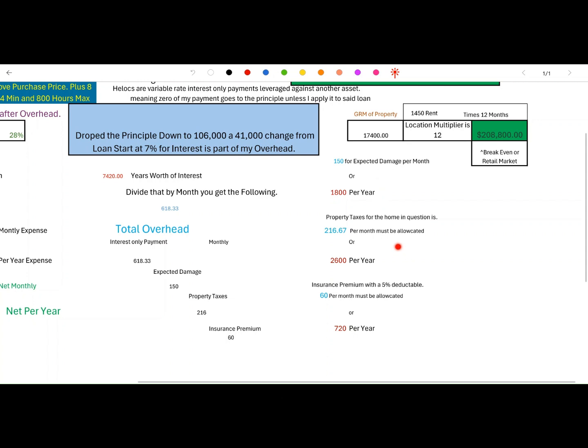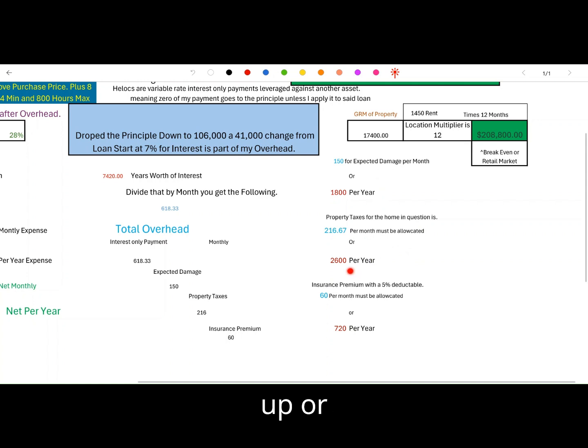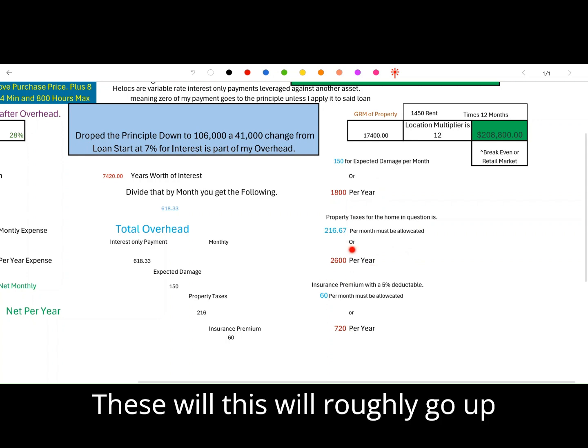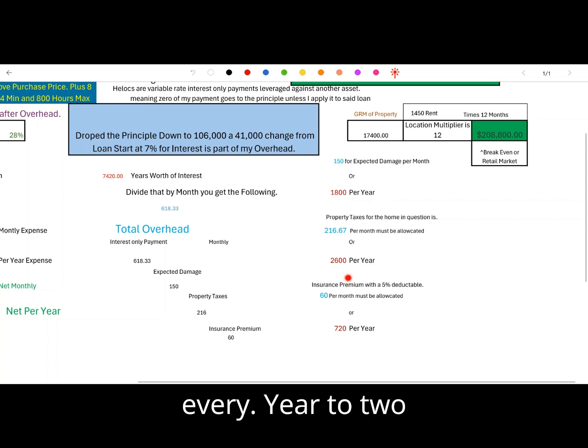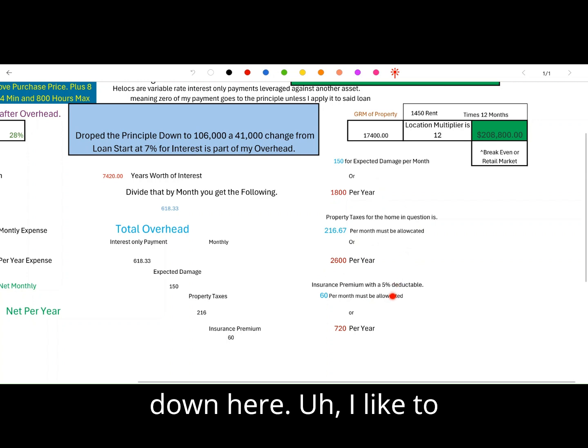Property taxes for the home are roughly 216, 217 if you want to round up, or 2,600 per year. This will roughly go up every year to 2 years. This is my insurance down here.